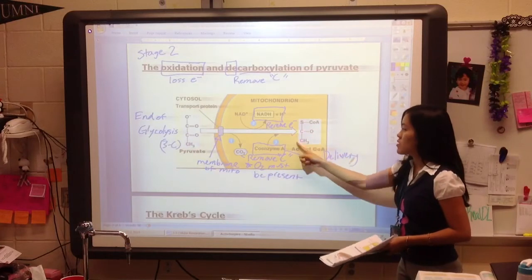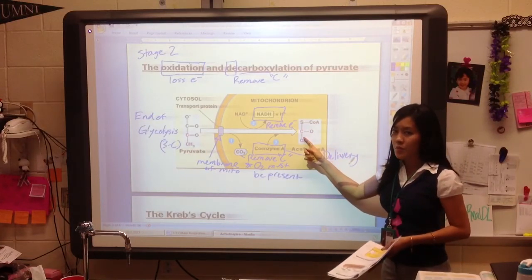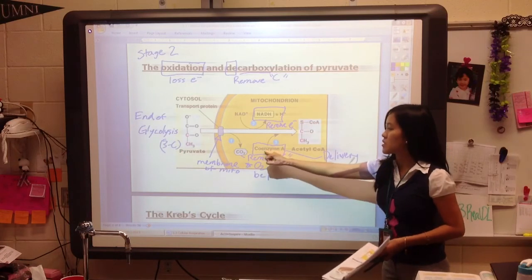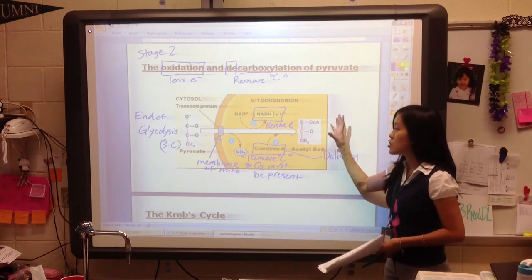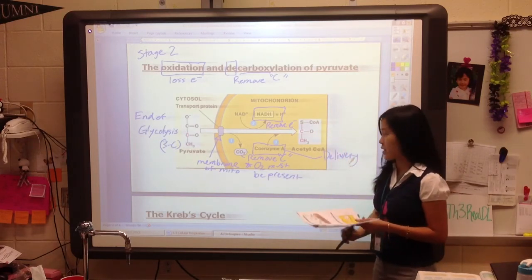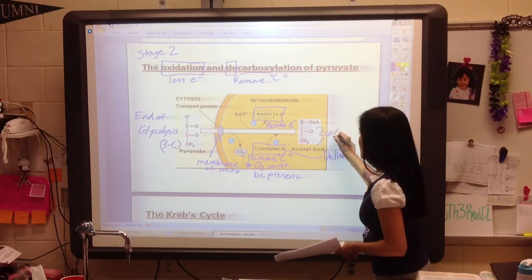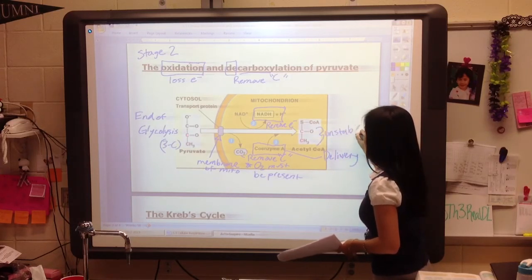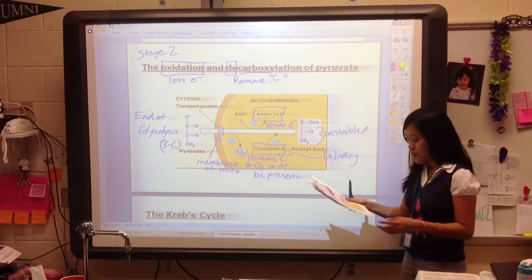Once it's removed, these two carbons that are left are actually very unstable. Because it's unstable, we need this coenzyme A, notice SCoA, to bond with it to allow it to be carried on to the Krebs cycle. So these two carbons are unstable, and so we need this carrier to help move it to the Krebs cycle.